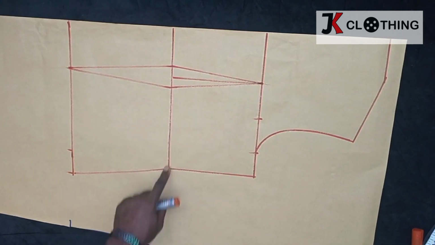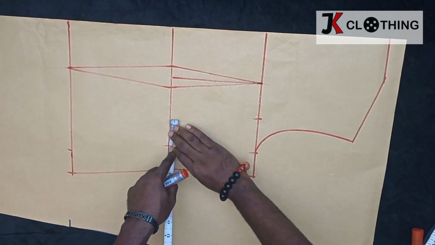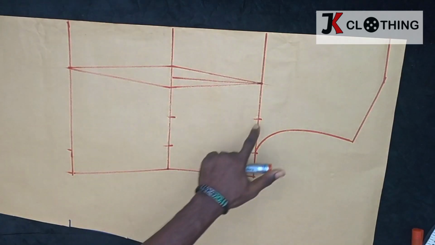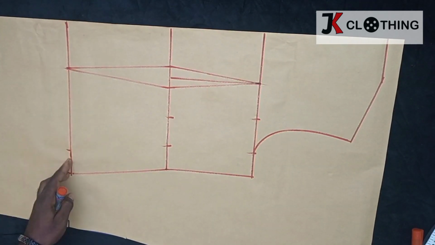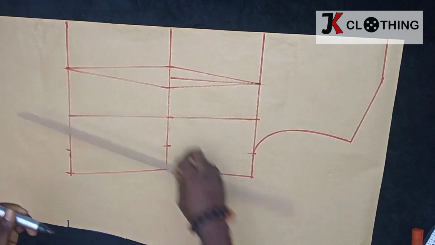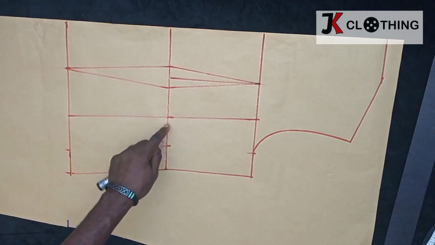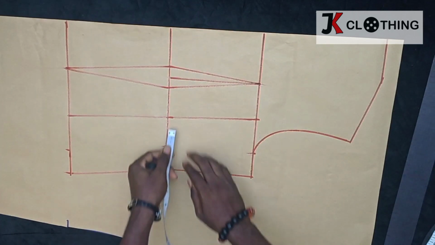We repeat the same for the waistline. We'll draw a line to connect these 2 points, extending it to touch the hip line. At this point, we're taking in 1/2 inch to snatch the waist just a bit more.